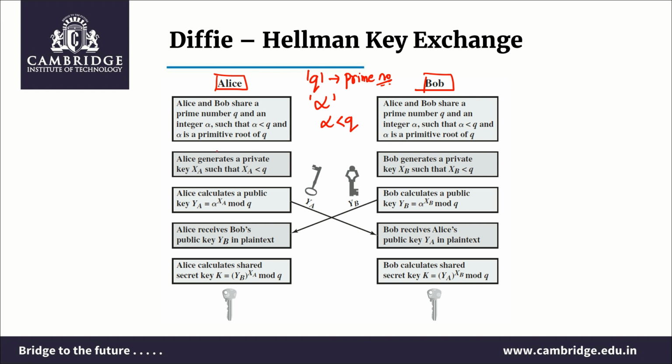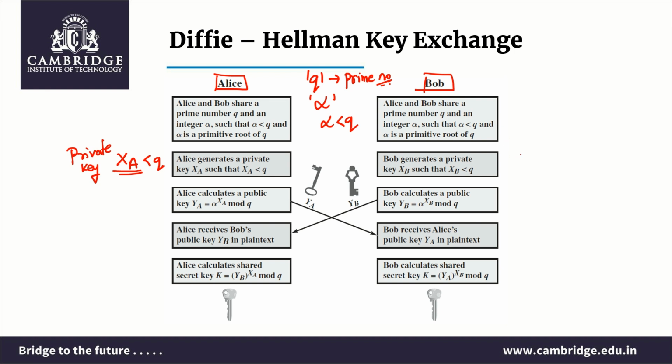Now, as the second step, Alice will select her private key XA, and this XA, we are considering it to be less than q, right? Now, this is a private key, so you know the meaning of private key, right? Private key means nobody knows it; only Alice will be knowing.